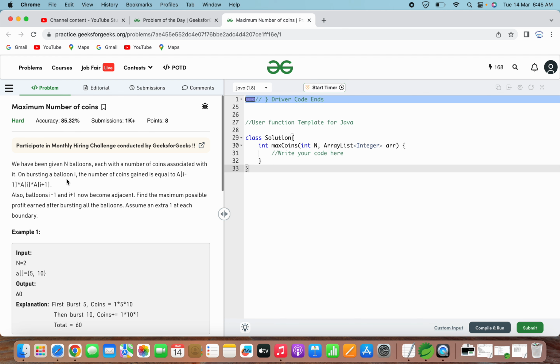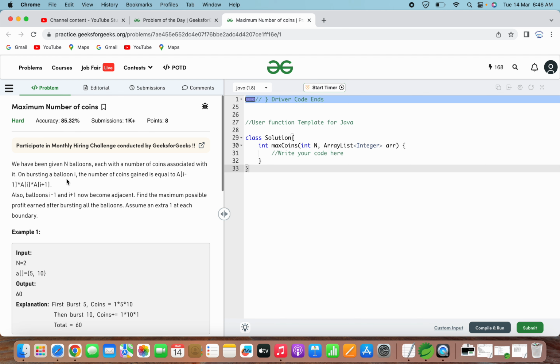at each boundary. So here in this question it has been asked that we will be given n number of balloons and some number of coins is associated with each balloon. So on bursting any balloon we get some coins, that will be a of I minus 1 into a of I into a of I plus 1. So these many coins we will get for bursting one balloon.